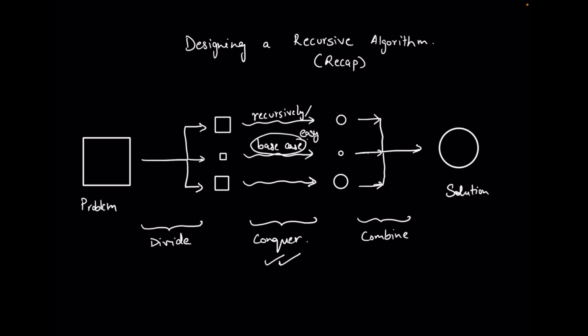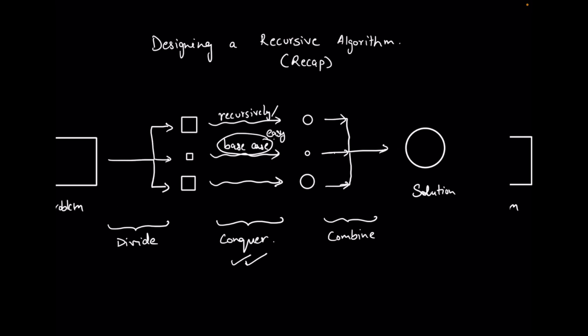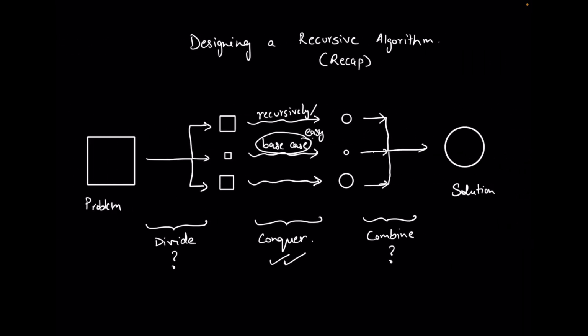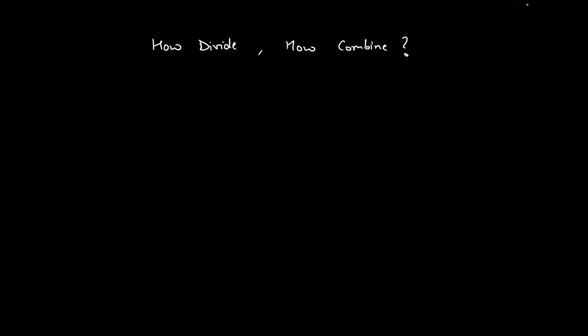The two parts that remain are the divide part and the combine part, right? So how do we design what has to be done in the divide part and what has to be done in the combine part, right? How do we divide and how do we combine? So the important thing that you need to look into is you need to focus on your subproblems, right?